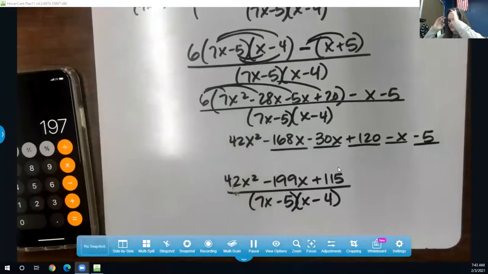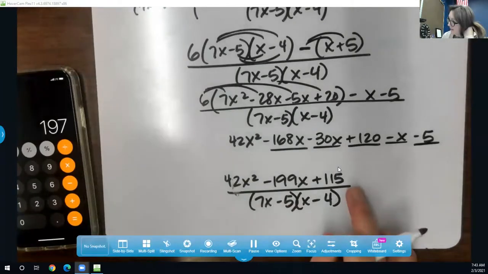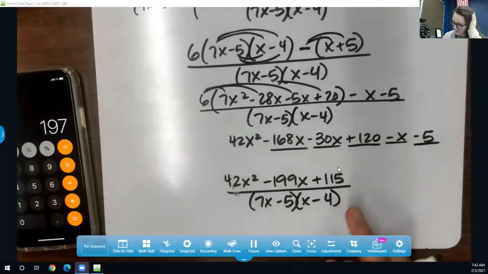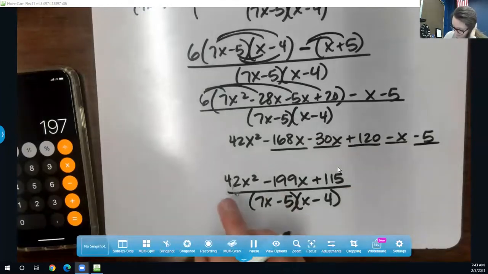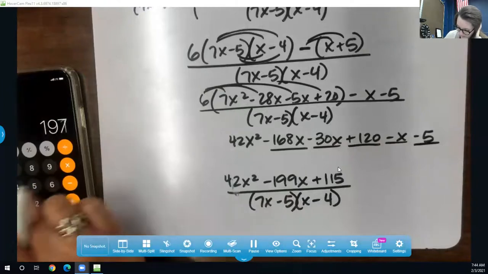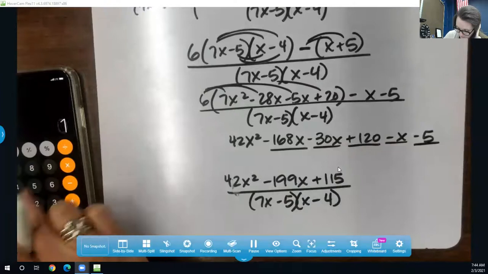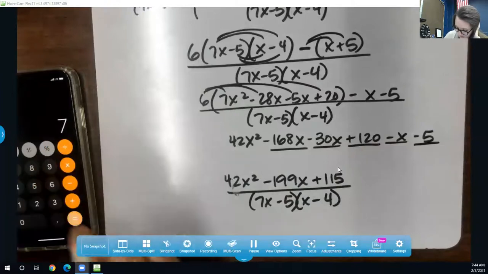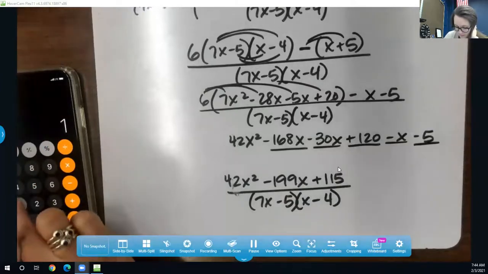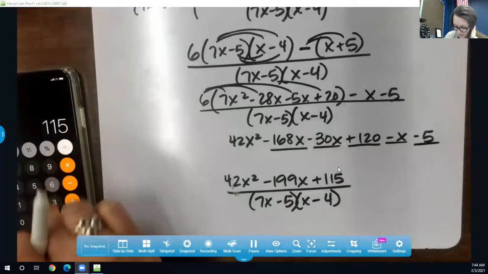So my first question is, can I factor anything out of here to make it a little bit smaller? I don't know. Let's see. I know 7 goes into 42, so let's see if 7 goes into 199. Oops. 199 divided by 7 is, nope. 115 divided by 6. How about that?